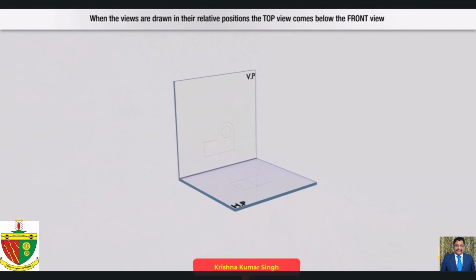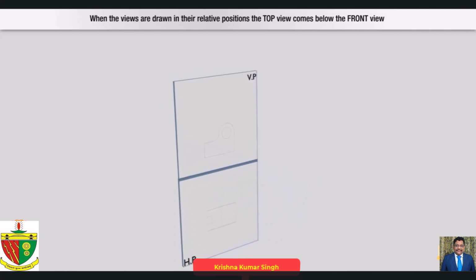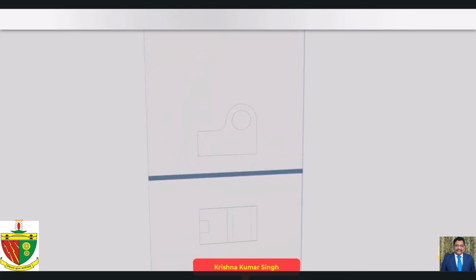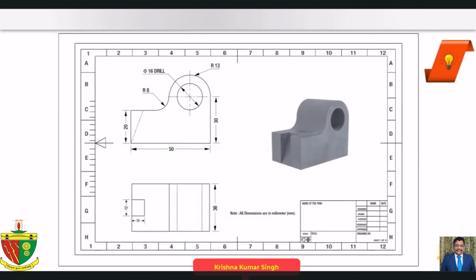When the views are drawn in their relative positions, the top view comes below the front view. Note, first angle projection is the preferred style in industries across India and the European Union.